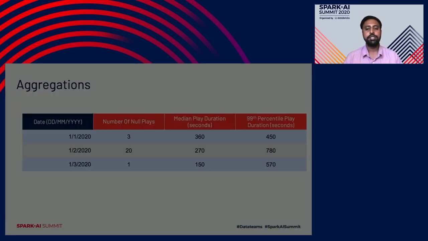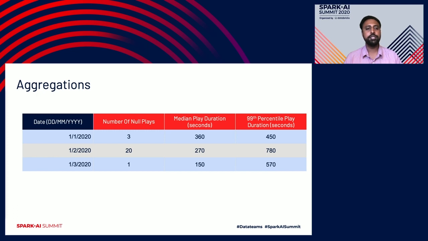So in terms of aggregations, here's an example of an aggregations table. Here we are aggregating by date, and there are a bunch of columns here, and these are just examples. The key thing to take out of this is these aggregations are on top of a raw fact, which is the play duration.